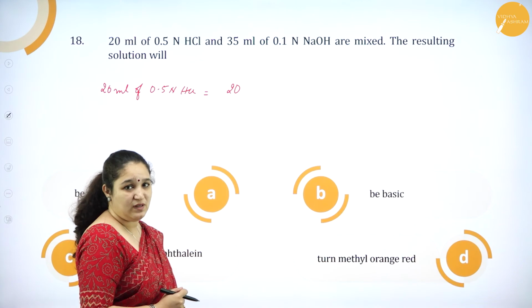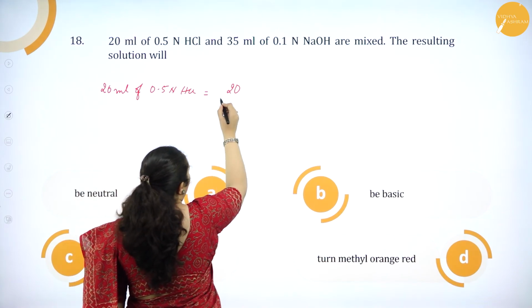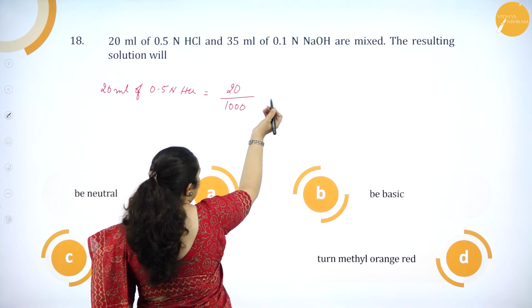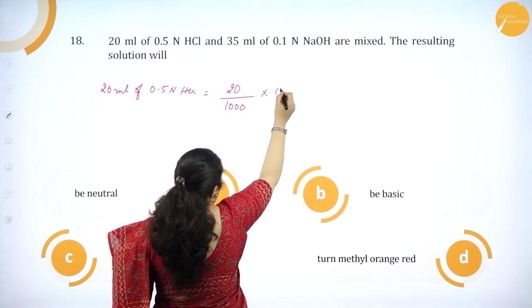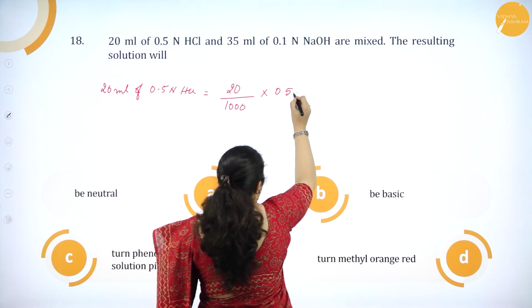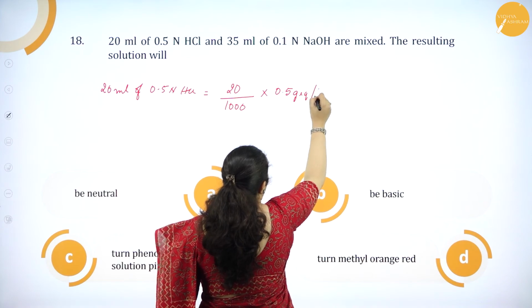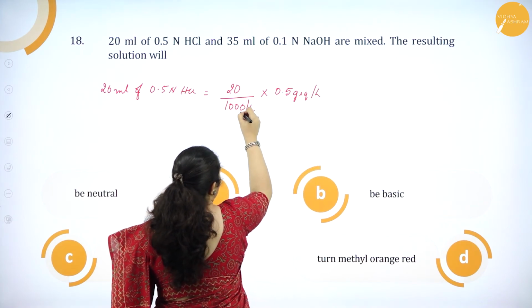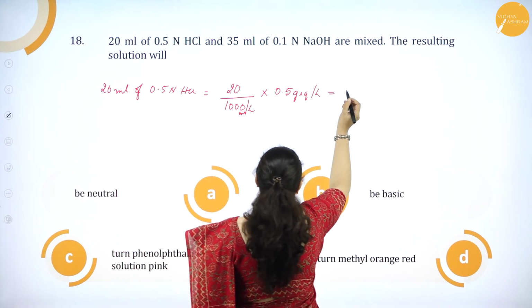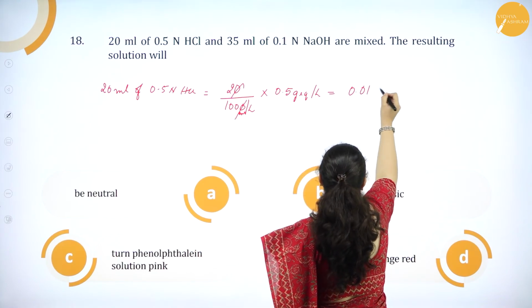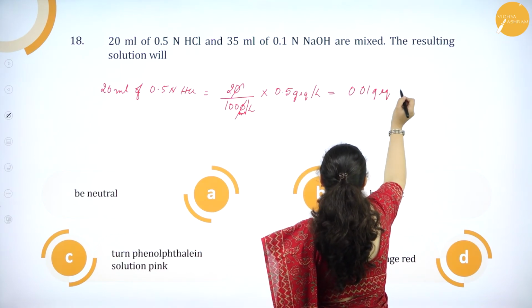So I will be putting it as divide by 1000 because 1 liter is 1000 ml, into 0.5 gram equivalents per liter. This is also per liter, that is 1000 ml. Okay, so I'll get this as 0.01 gram equivalents.